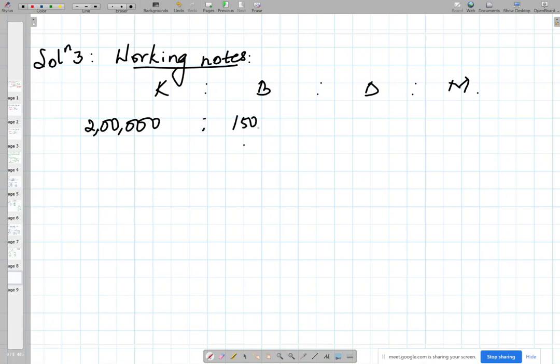So 1 lakh 50,000, write all those amounts, 1 lakh, okay, and 50,000.